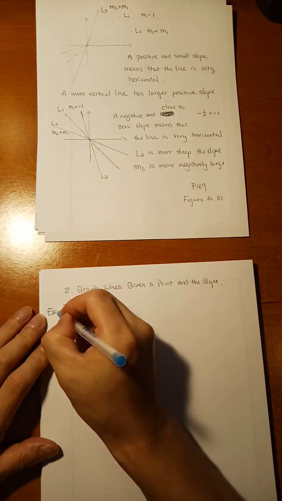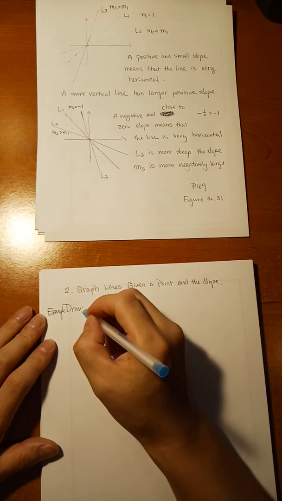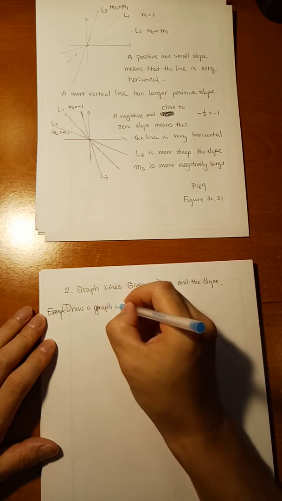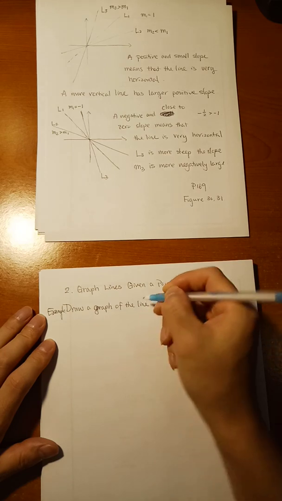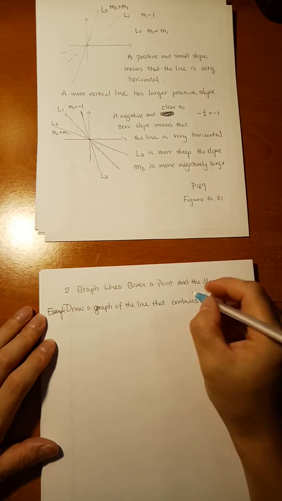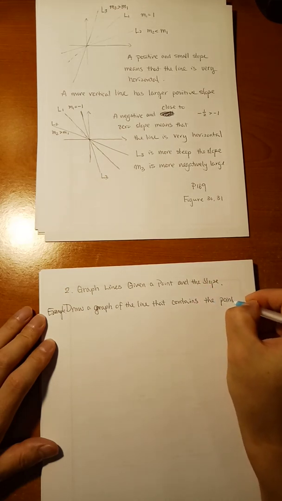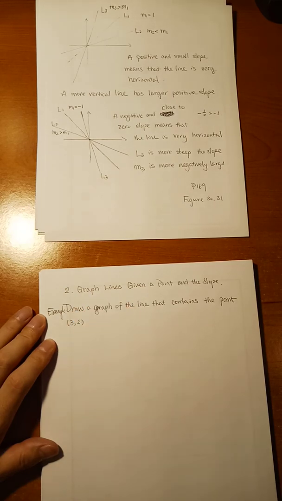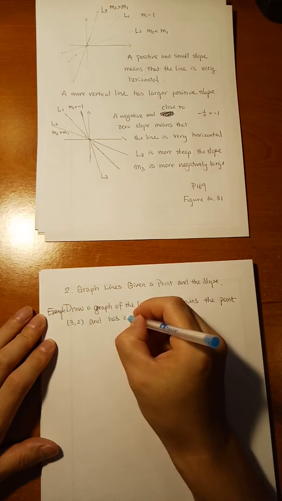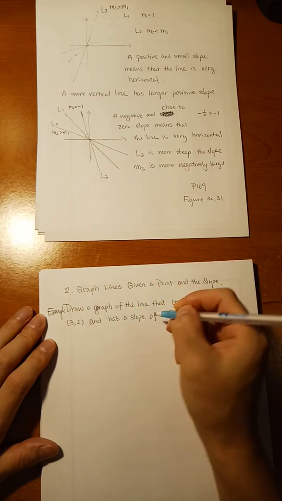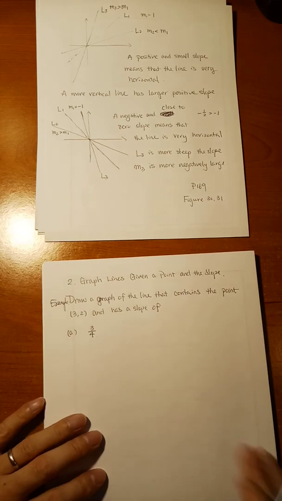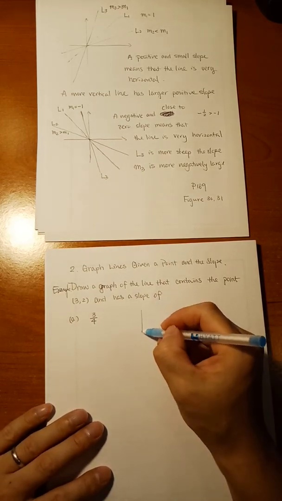Draw a graph of the line that contains the point (3, 2) and has a slope of, let's see, two cases: 3 over 4, that's A, and then we'll have B. Okay, let's see how do we do that.